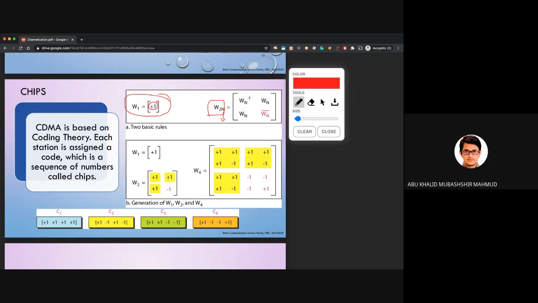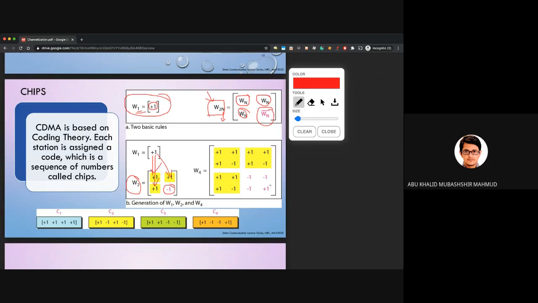So we get +1 in these three spaces and a -1 in this. If the value of n is, for example, 1, then we have to find the value of 2n, and it is shown right here: the value of W n, W n, and W n, and this is the opposite or not of W1.